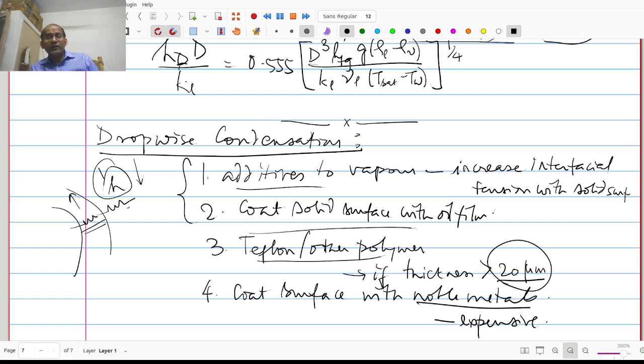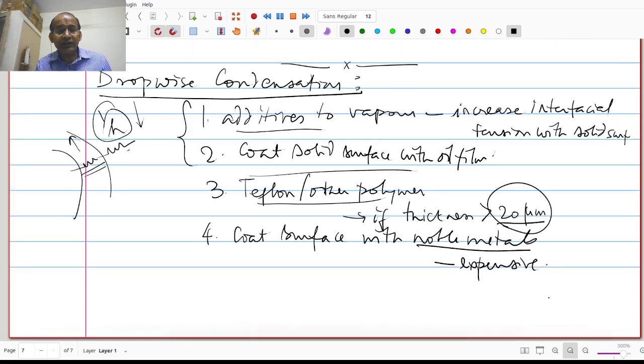Imagine a gold plated heat exchanger surface. It's quite an expensive proposition, and therefore a difficult thing to practice. Okay, but these practices are in vogue. People do use these in order to attain dropwise condensation wherever it is possible.